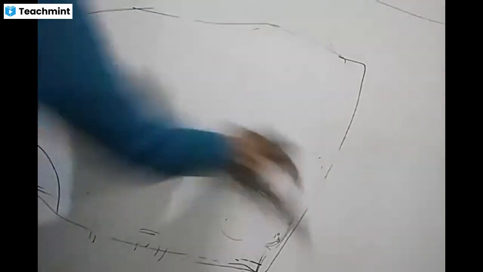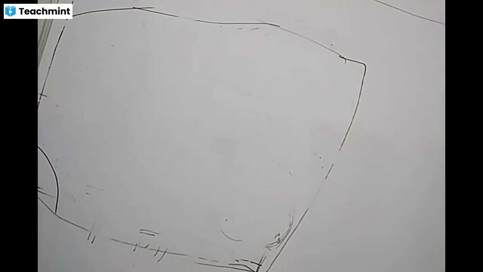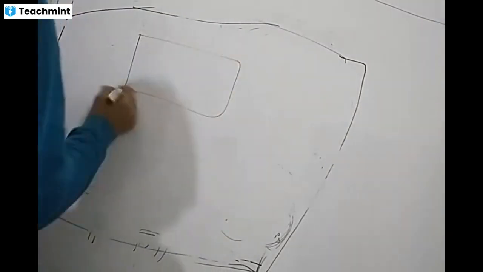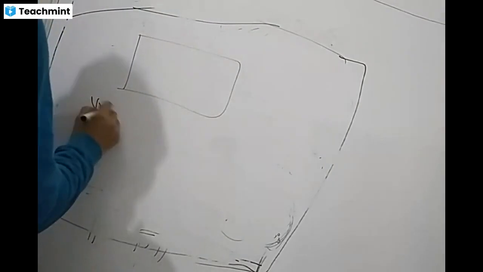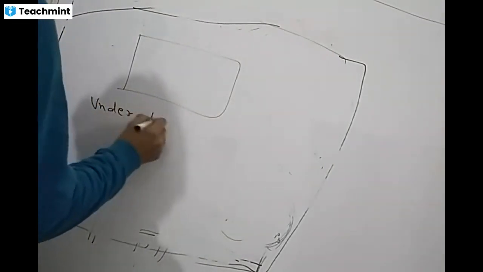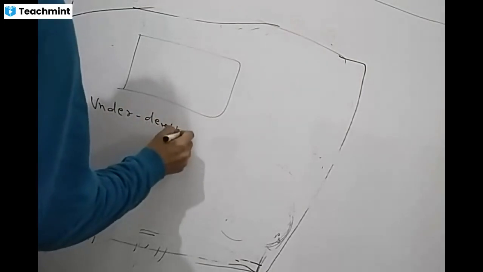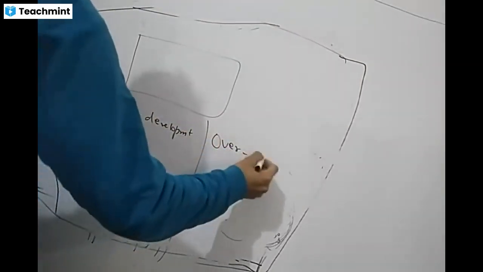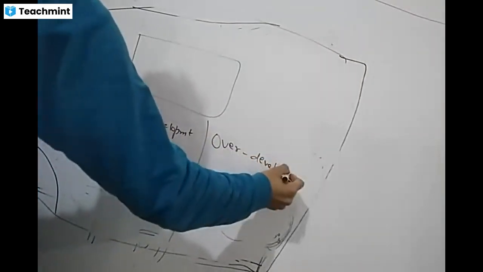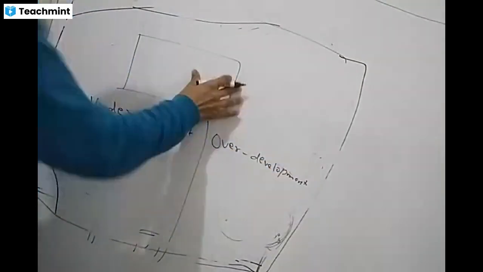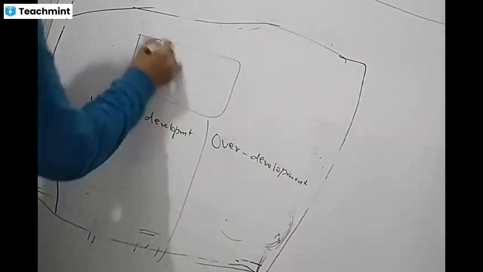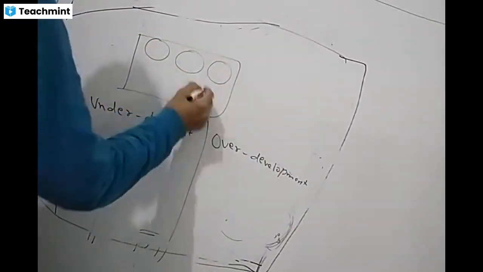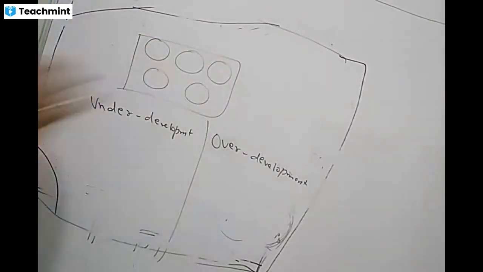With the developer, there are two terms I want to explain here. One is under development, one is over development. We have film, we have emulsion, and that emulsion is carrying these five crystals.